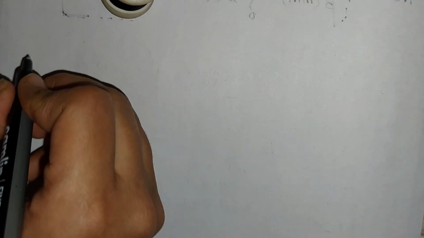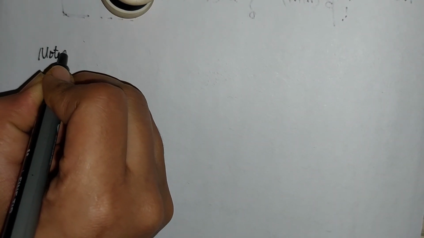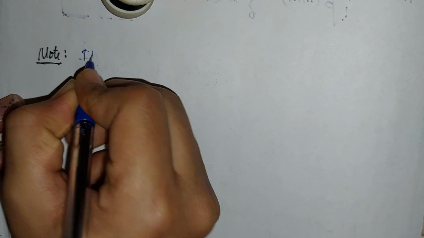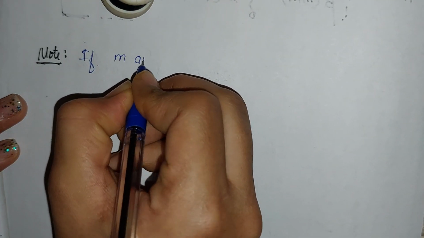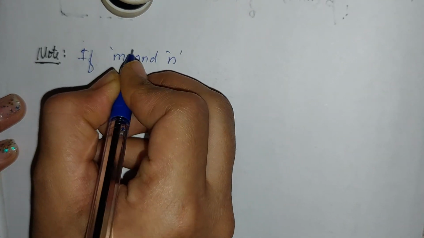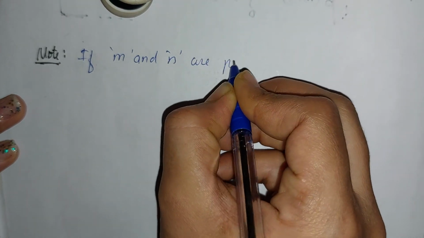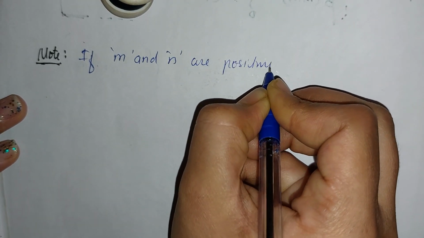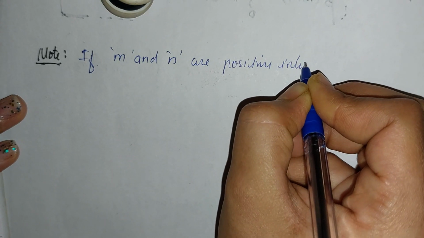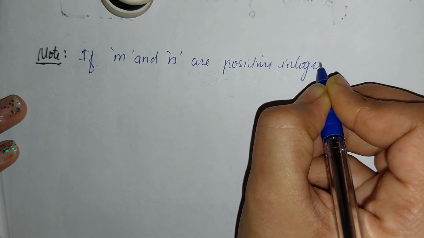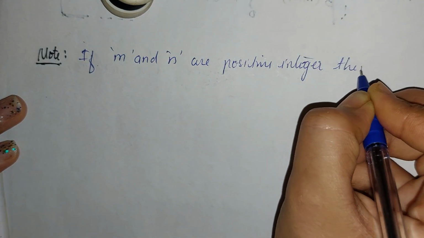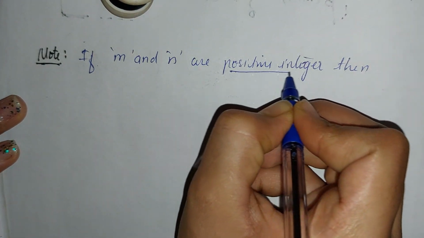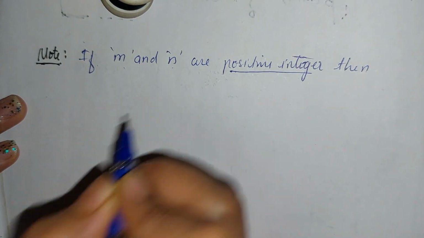And at last there is a note that tells that if m and n are positive integers, then let me underline the words positive integer, where m and n are positive integers.